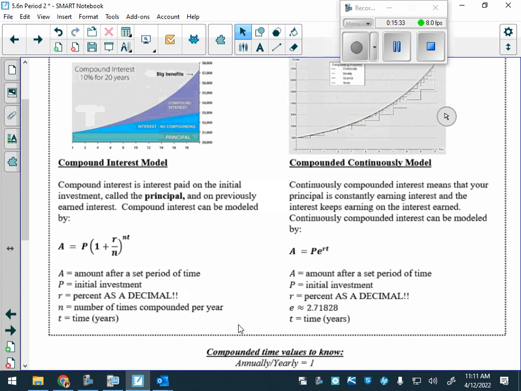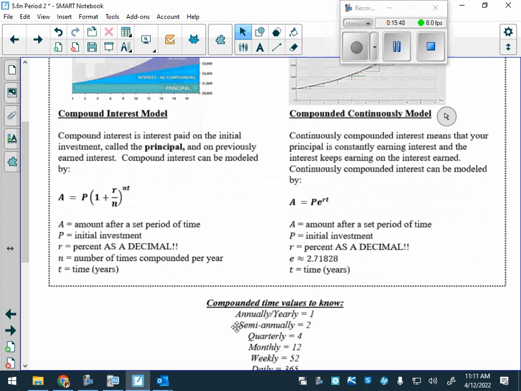Okay. All right. So, 2 more formulas. We are looking at compound interest and compounded continuously. Okay. So, the difference between the two, okay, compound interest is the interest paid on the initial investment called the principal and on previously earned interest. So, basically the difference between the two is compound interest is compounded a specific number of times per year.